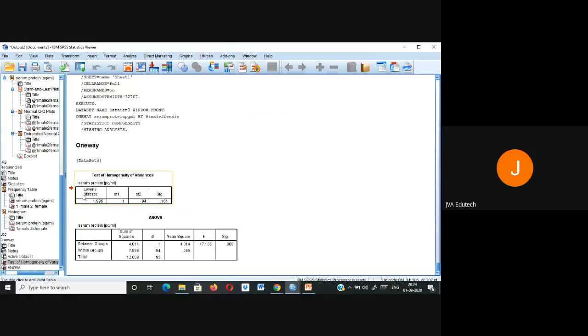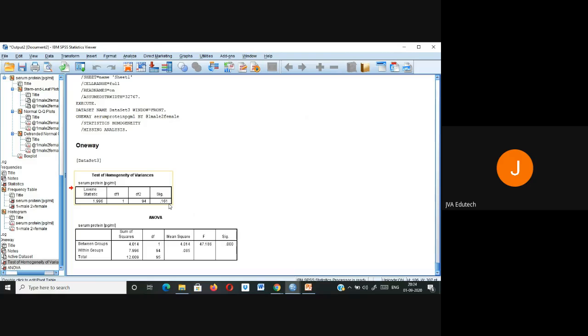Now see this table, Levene's test. What is the significance value? 0.16. It is greater than 0.05. So the data is homogeneous.